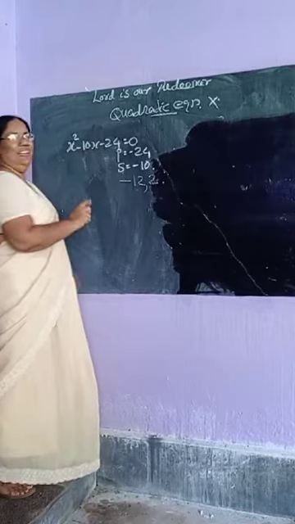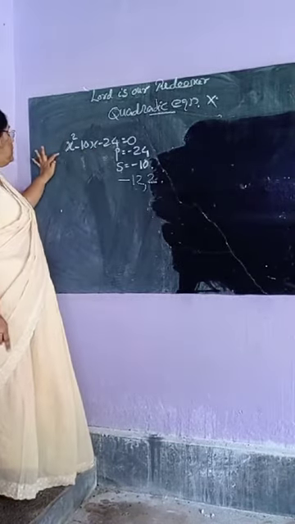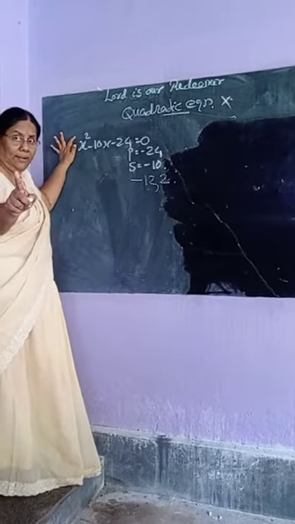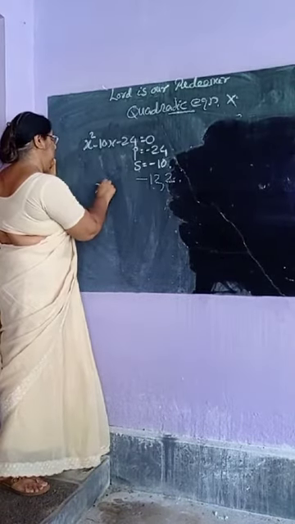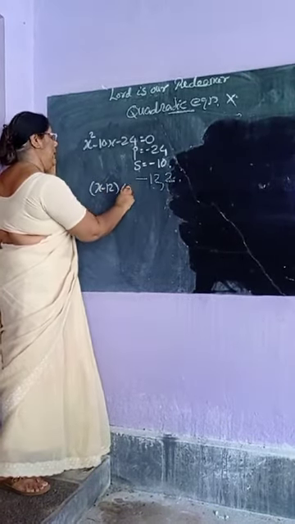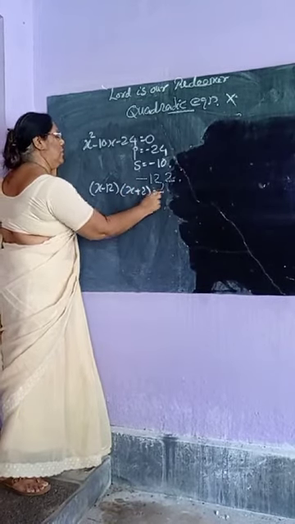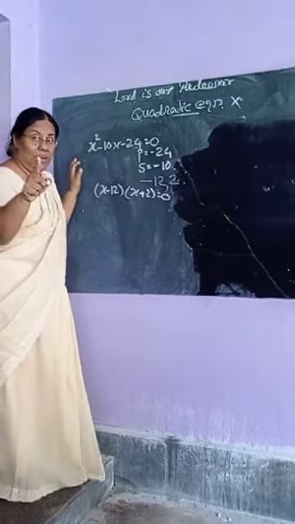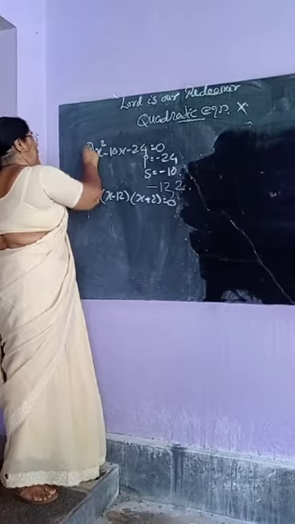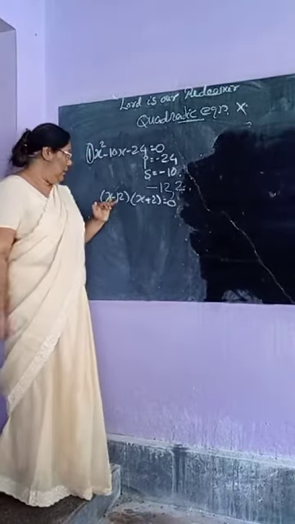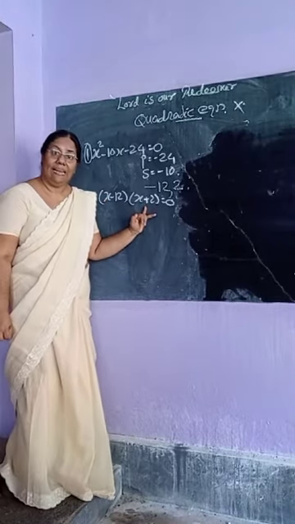Therefore, look here. If the coefficient of x square is 1, then you can directly write the answer as x minus 12 into x plus 2 equal to 0. The condition is very important. If the coefficient of x square is 1, then you can directly write like this.